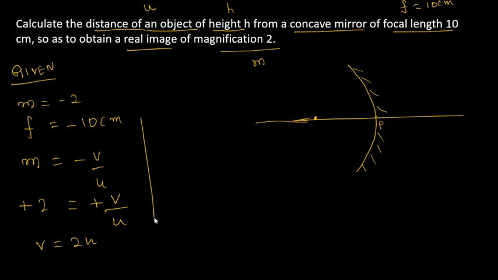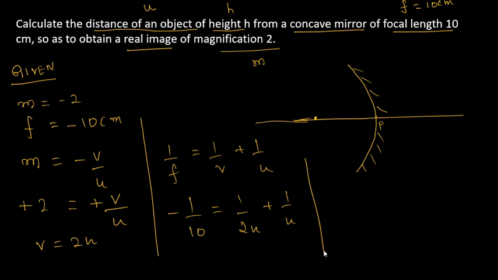Understand? Right. Next, what is the mirror formula? Mirror formula is 1 by f is equal to 1 by v plus 1 by u. 1 by f is minus 1 by 10, and v is 2u. You can put 2u plus 1 by u.